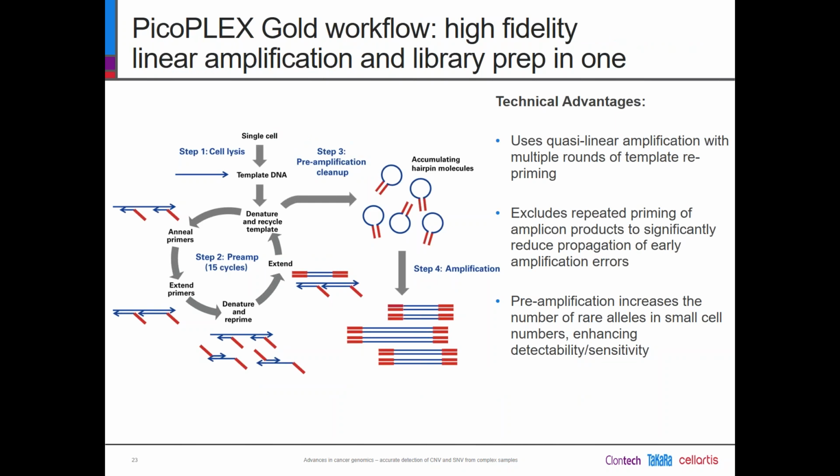So what is PicoPLEX Gold doing? How does it work? This is summarized here with this cartoon. Starting from your single cell, which can be circulating tumor cells or whatever circulating cell that you retrieve from a liquid biopsy from a patient, you will first use random primers that will extend the DNA molecules.